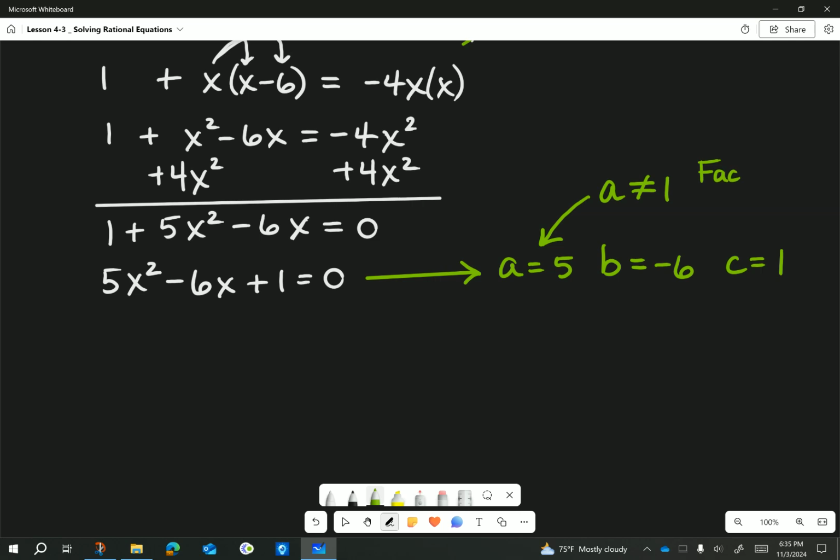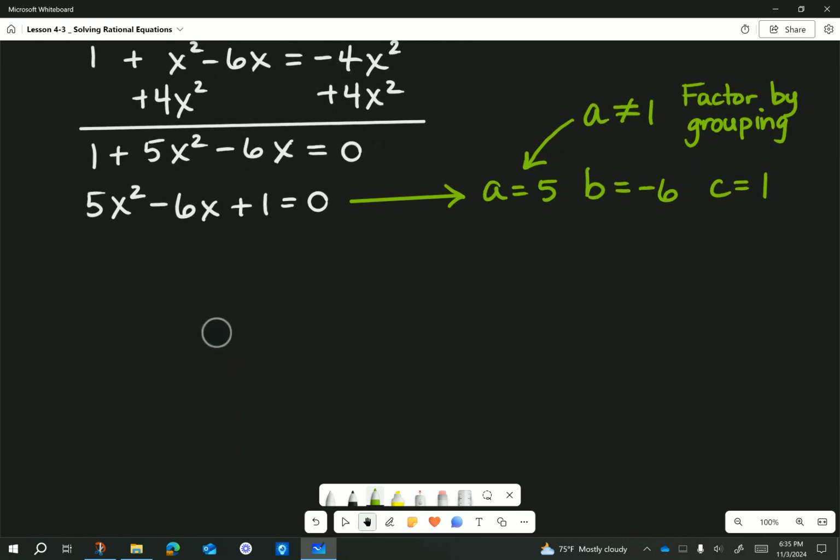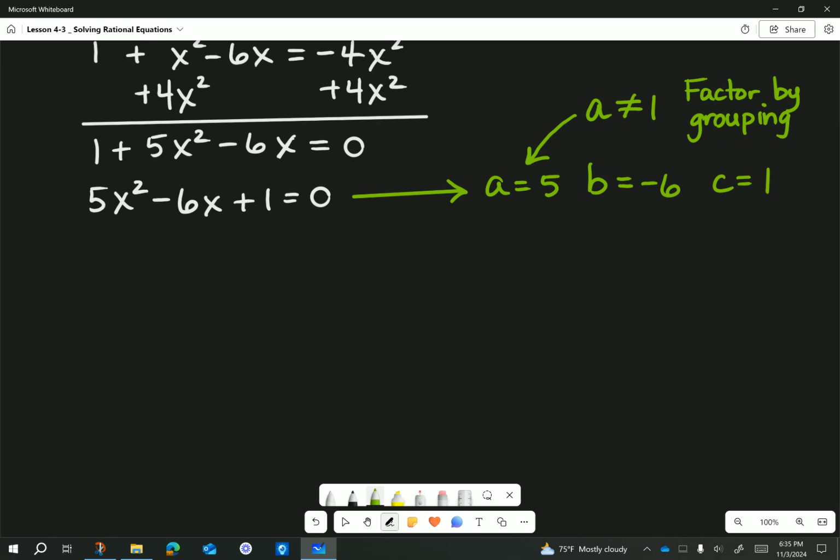So here, when that happens, I need you guys to remember that this is the one where you have to factor by grouping. And factor by grouping entails you converting the trinomial into a polynomial of 4 terms.